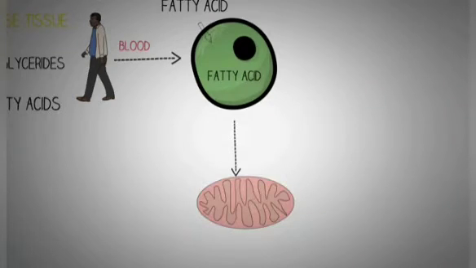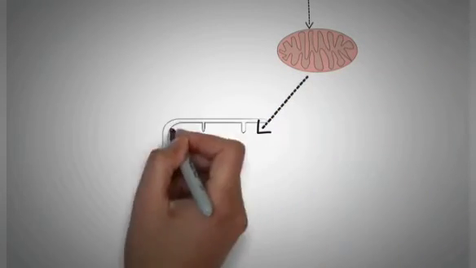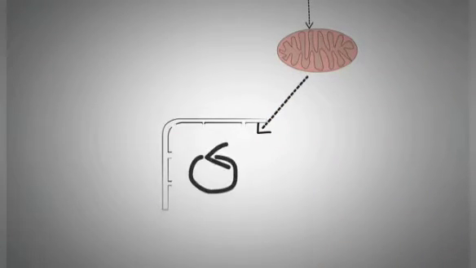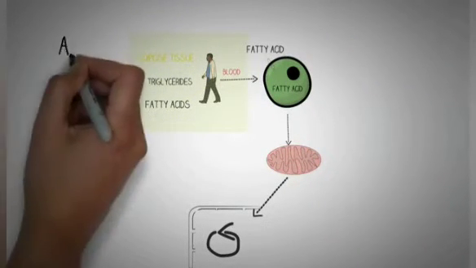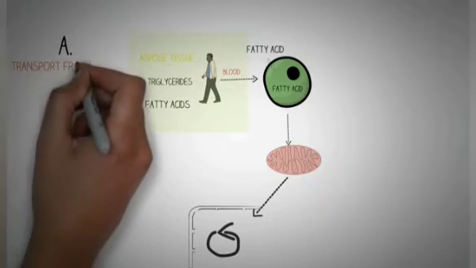In the next phase, the fatty acids enter into the matrix of the mitochondria after crossing the inner and the outer mitochondrial membranes. In the final phase, the fatty acids are metabolized oxidatively inside the mitochondrial matrix. So the whole process of beta oxidation can be divided into 3 phases.